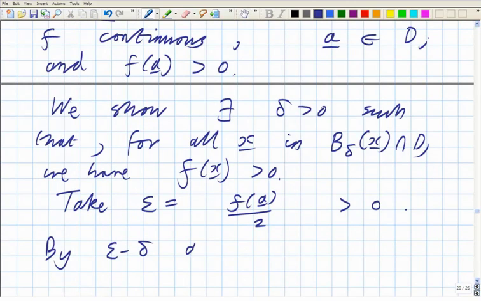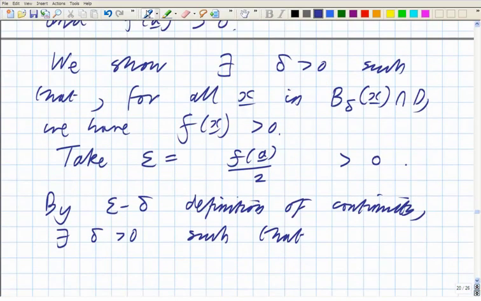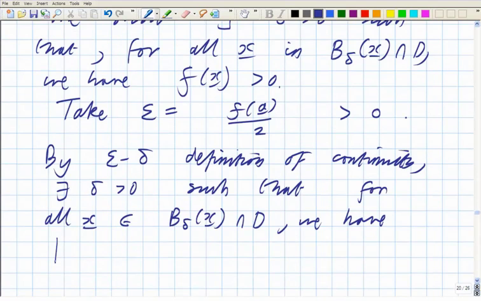So by the epsilon-delta definition of continuity, there exists a delta greater than naught such that for all x in that ball intersecting with D, which is exactly where we're going to be looking in a minute, we have modulus of f of x minus f of a.